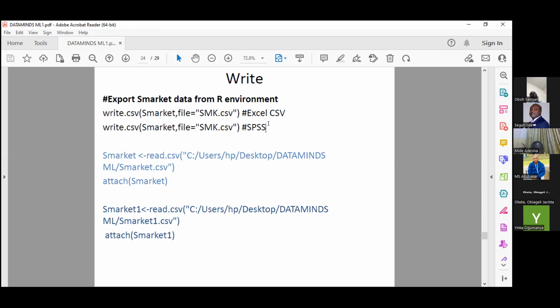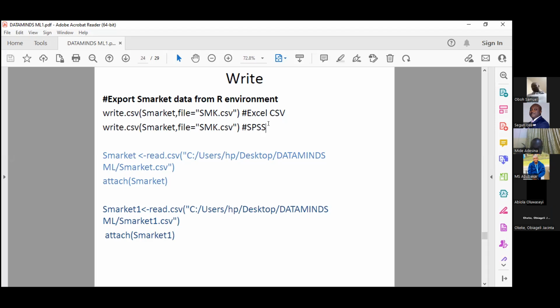Writing this data set means you are going to export the data such that you can use it without referring to the package. The command is write.csv. If it's XLS you want, you put write.xls. Then the data, SMarket, and you name your file. That's why I named it smk.csv.